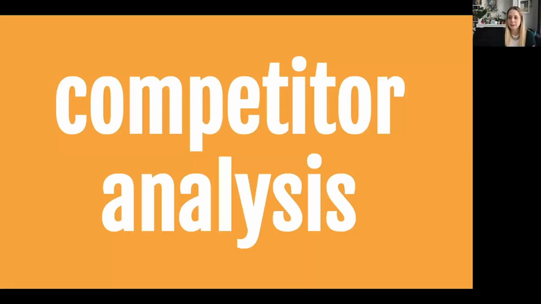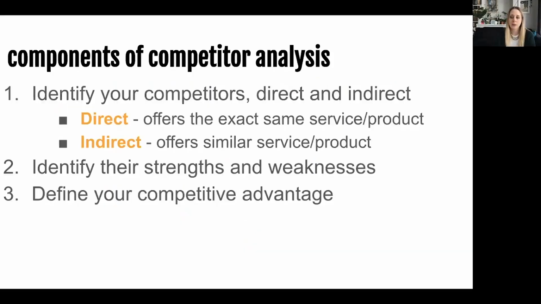So the first one is competitor analysis. A competitor analysis is an objective overview and comparison between your company and your competitors, and it involves three main parts. So almost everyone in business understands the principles of trying to offer something better than what their competitors are offering. So gathering an advantage is a key to success and even survival.